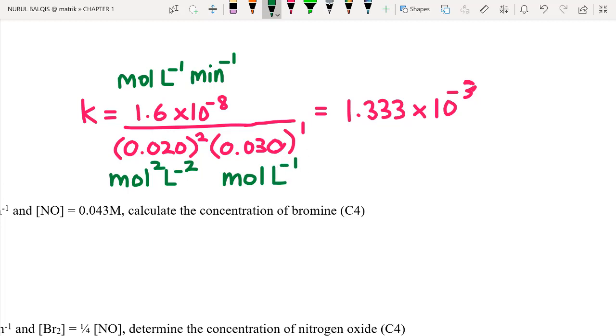By right, the denominator will cancel out the numerator if they have the same units. Since we have mole per liter here, we can simply cancel them out, leaving us only with mole squared per liter squared.